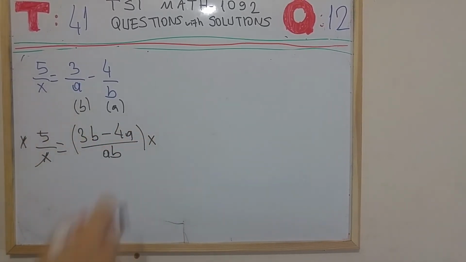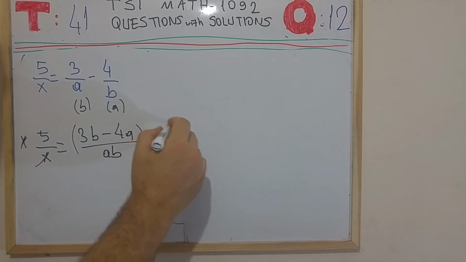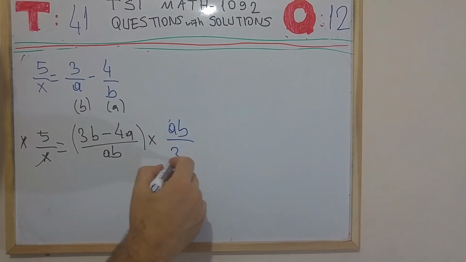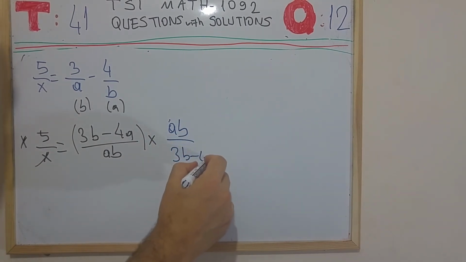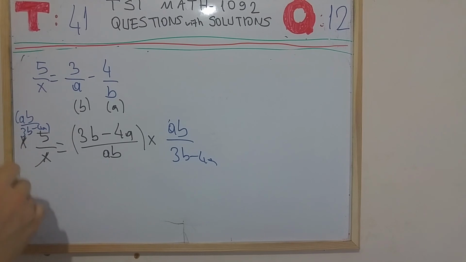Now I need to get rid of this fraction, so what I need to do is to multiply each side by the reciprocal of this term, which is ab over 3b minus 4a here, and ab over 3b minus 4a here. Let's do it.